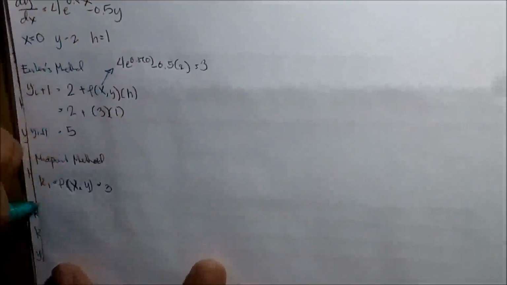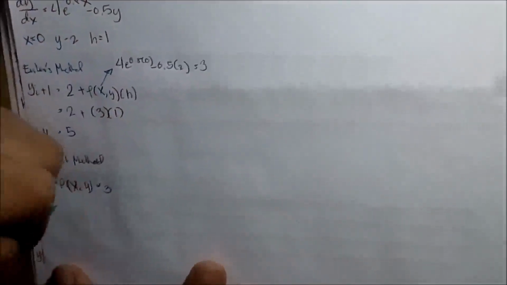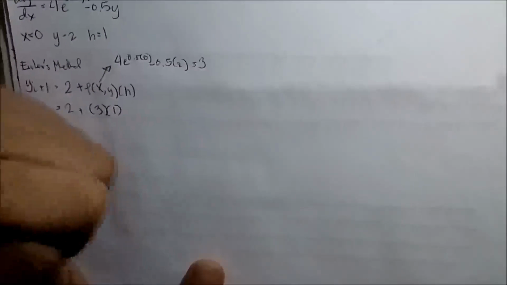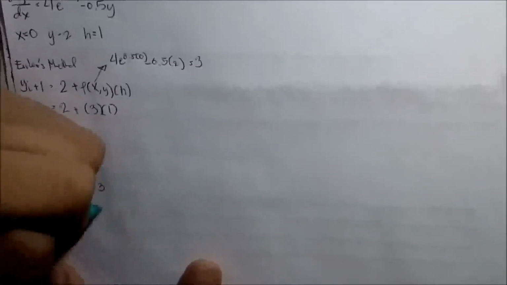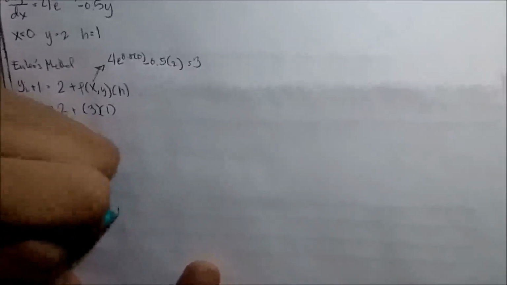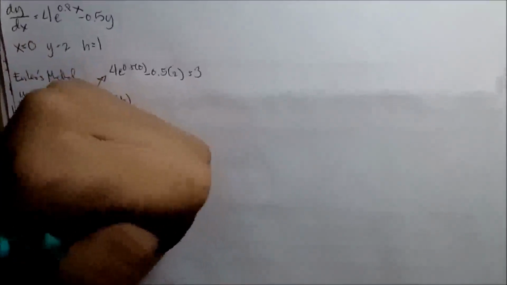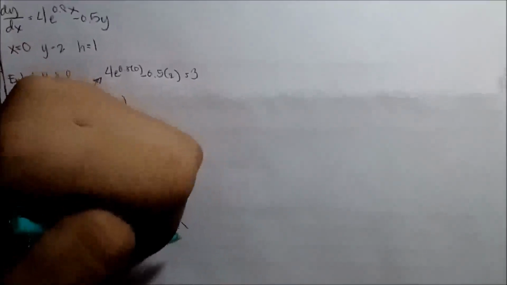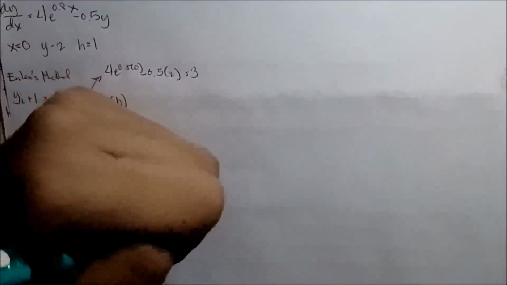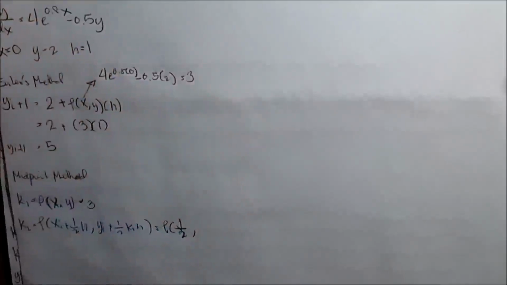Then find the K2, which is f of xi plus 1/2 h, yi plus 1/2 k1 h, which means that f of x will be 1/2 and yi is 3.5.